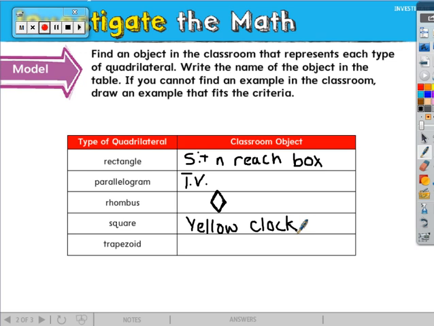There is something. Yes, our scale. The red base on the balance scale. Good job, people.